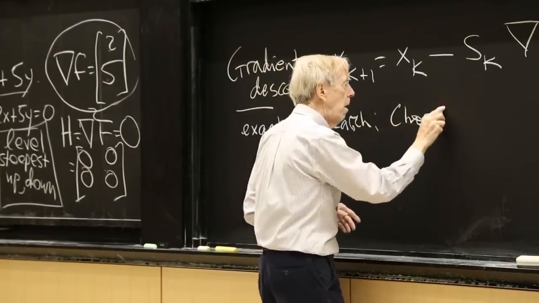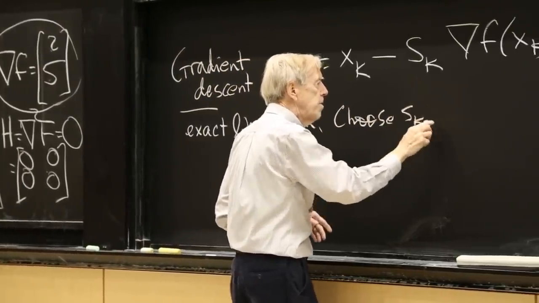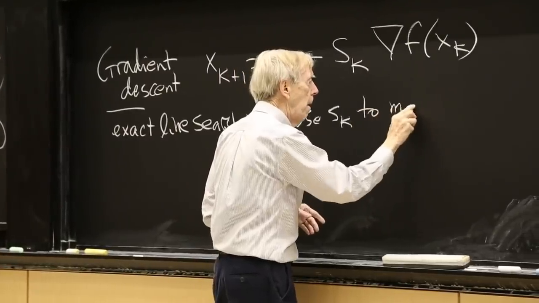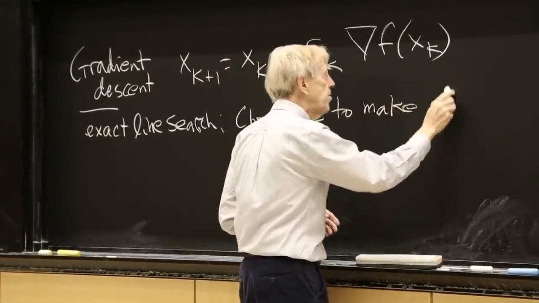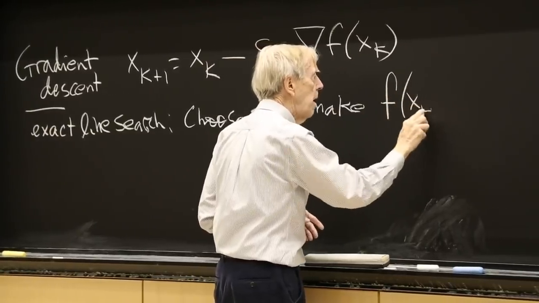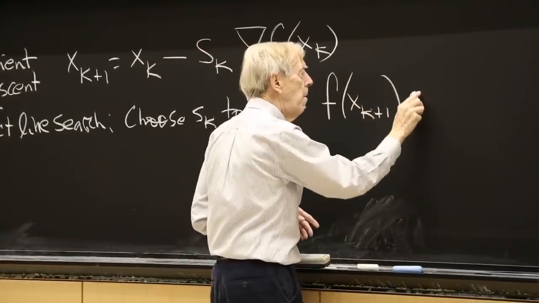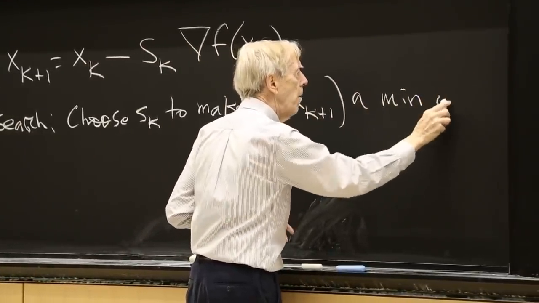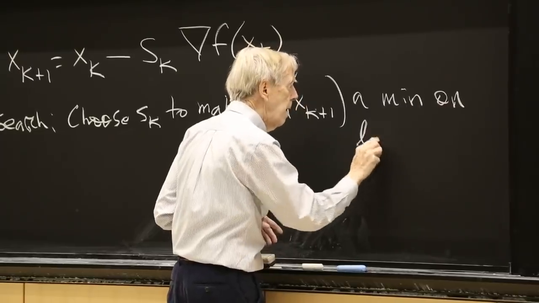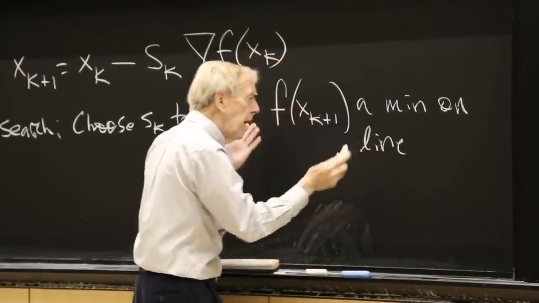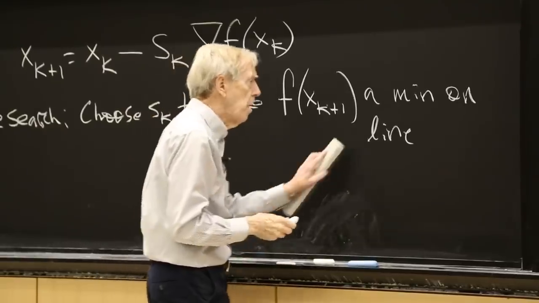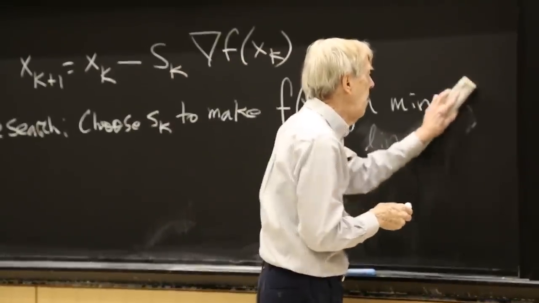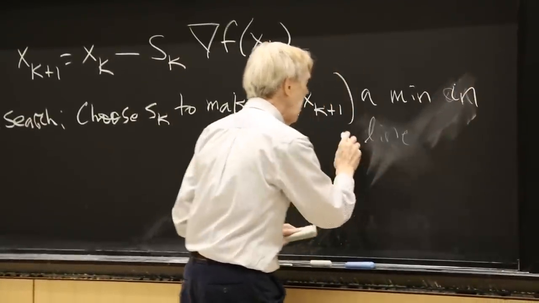Choose s_k to make my function f at x_{k+1} a minimum on the search line, a minimum in the search direction.